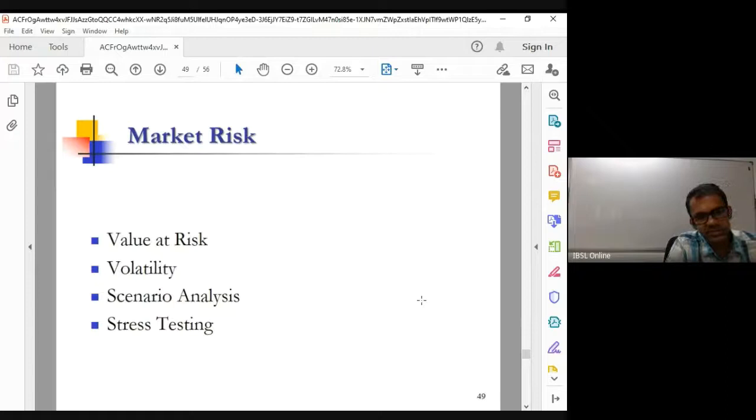So if we consider only the interest rate risk duration, that gives you only the changes in value of your portfolio or the equity value just because of the changes in interest rate. If you consider the exchange rate risk component, that will give you only the exchange rate risk. If you consider the commodity prices, that will give you only the risk arising due to changes in commodity prices or the equity prices.